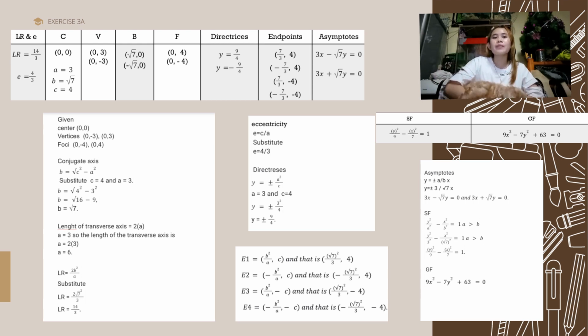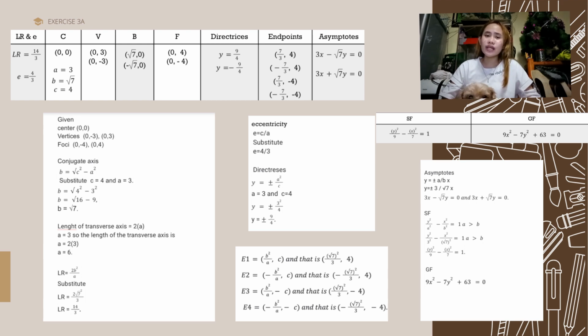Ang next na hahanapin natin ay ang SF, kung saan ang gagamitin nating formula is y squared over a squared minus x squared over b squared equals 1, a greater than b.